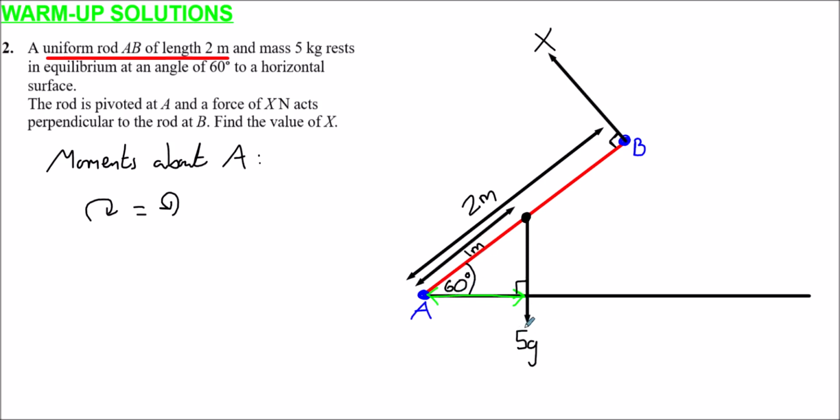So for the 5g force, the moment of this one will be 5g multiplied by the distance of that 5g force from A, which is this green line. Now this essentially is trig. The hypotenuse is 1 meter, from A to the midpoint is 1 meter. The angle's 60. I want to find this adjacent side, this green side here.